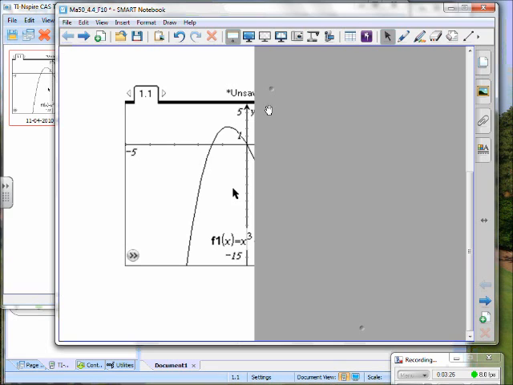Give me all the descriptors you can. Good. It's increasing on this side. Very good. Okay, what else? It has a maximum. Okay, what else? It's decreasing on this side. Good. What else?